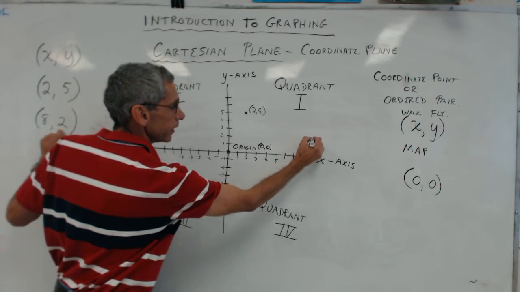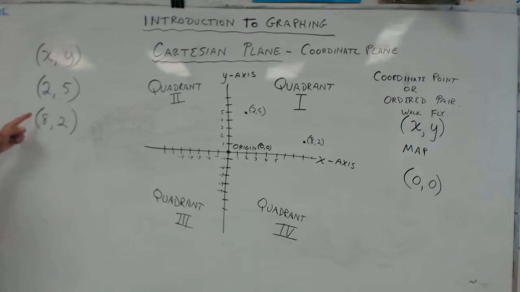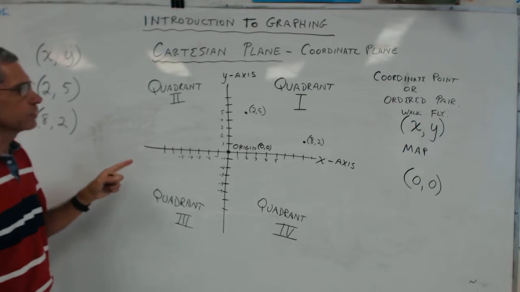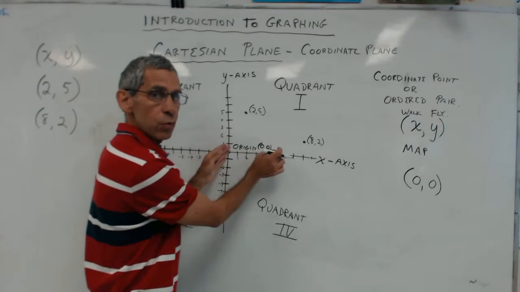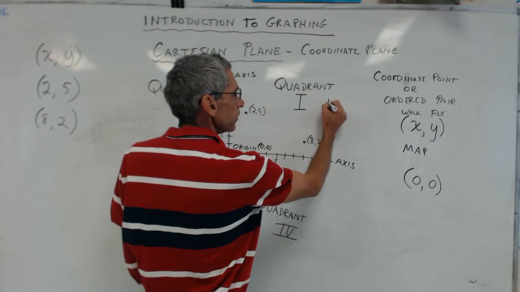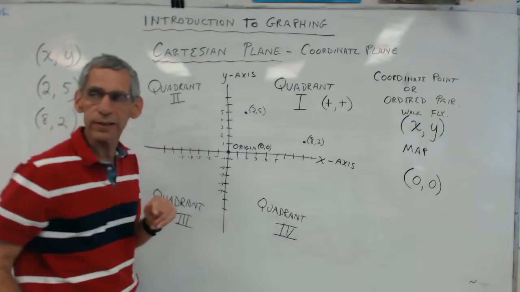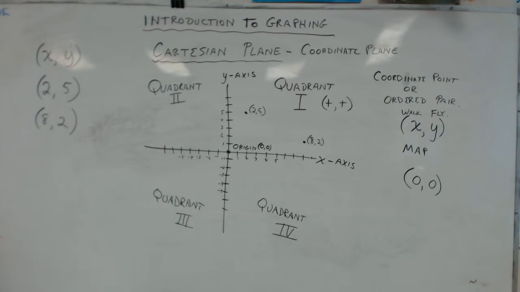That's my 8, 2. Now, are these numbers positive? Yeah. They're all positive. That's interesting. So to be in this quadrant, quadrant 1, it's always going to be a positive number, comma, a positive number. Make sense? Yes? All right.